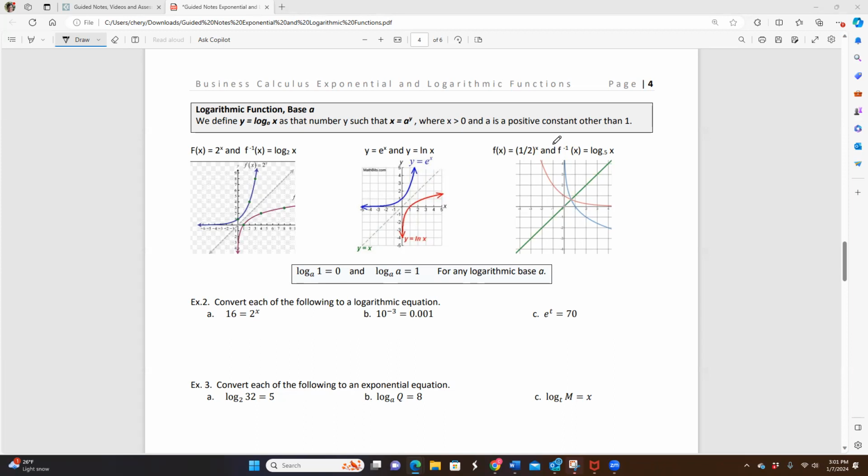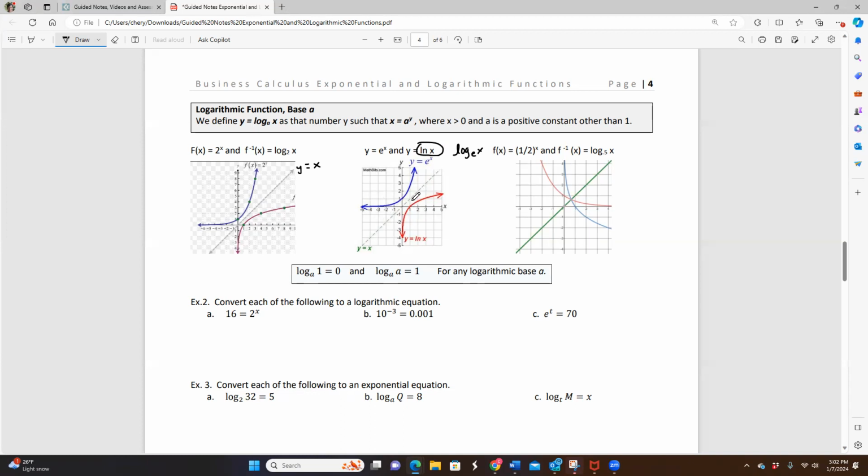Because, as you might recall, inverse functions are reflections over the line y equals x. So here we have y equals 2 to the x, and its inverse is going to be the log base 2 of x. They are reflections over the line y equals x. Similarly here, we have y equals e to the x, and natural log is the same as log base e of x.